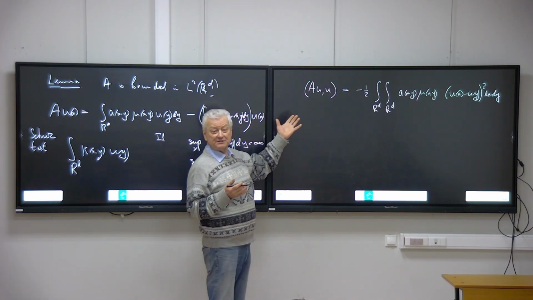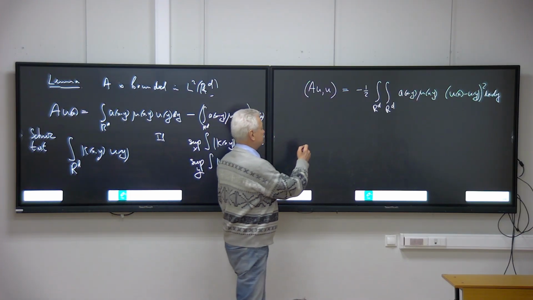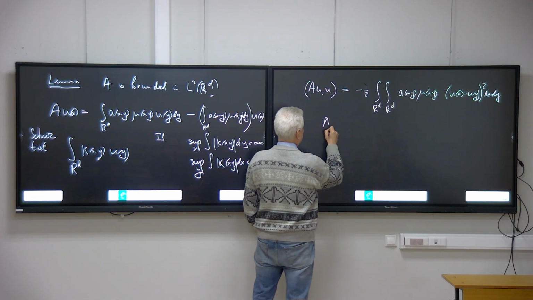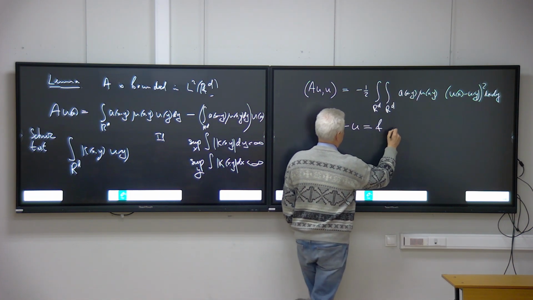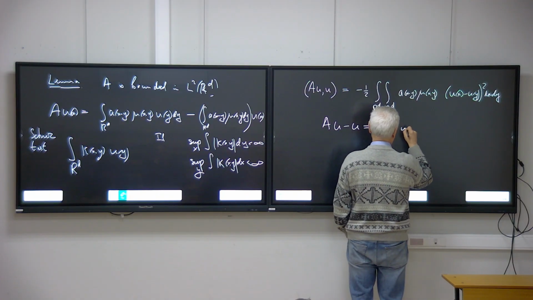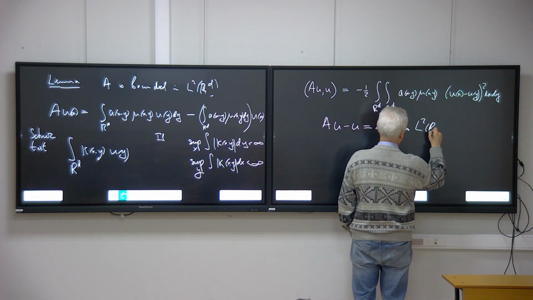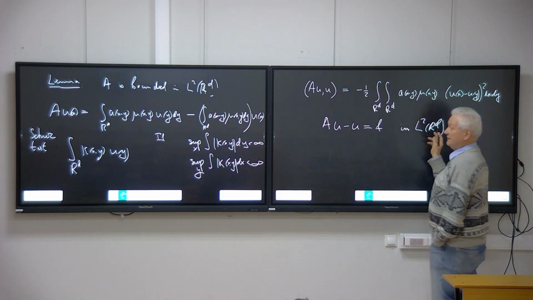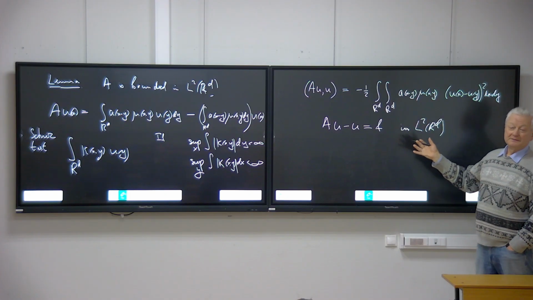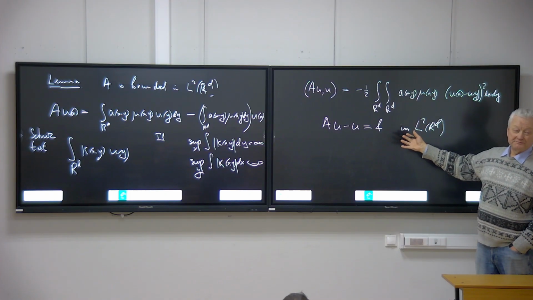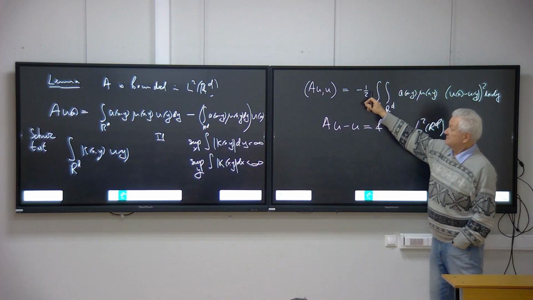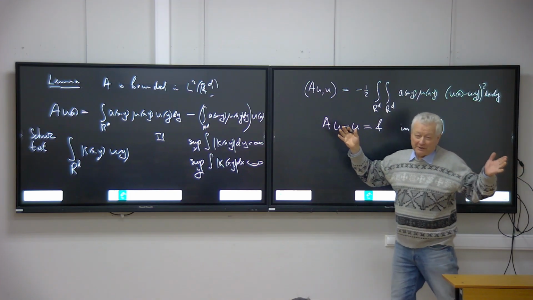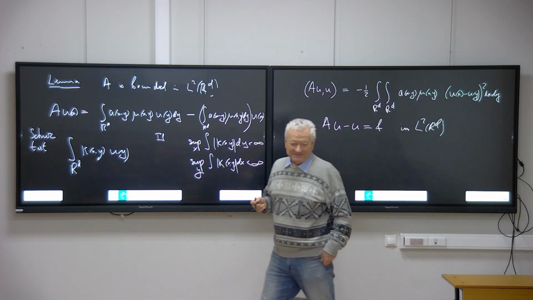As a consequence of this, if we consider the equation Au minus u equal to f in L2 of R^d, then the problem is coercive, and there is a unique solution, just directly by the Riesz theorem, if you want.